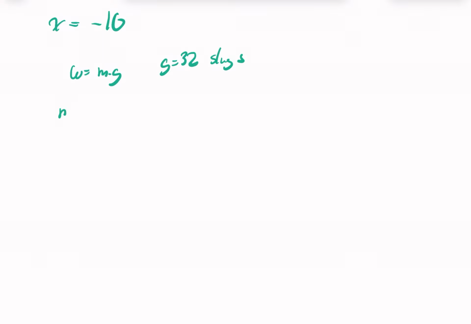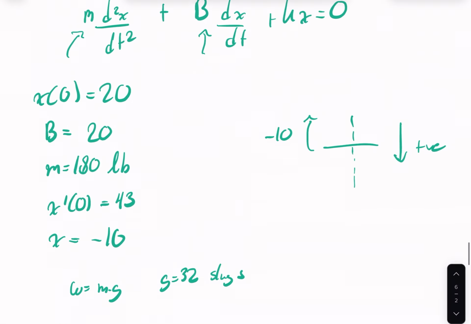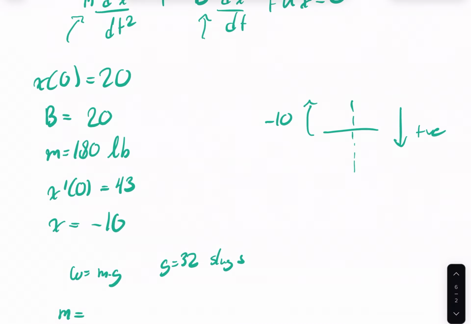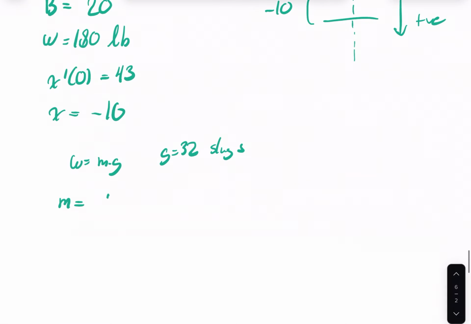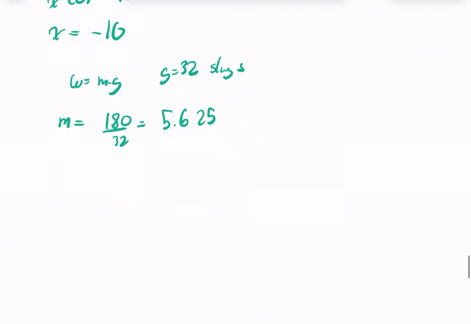And so we solve for our mass by doing our weight, which is 180. Sorry, I wrote down, I think here, 180. This is our weight. So we do 180 over 32 equals 5.625.